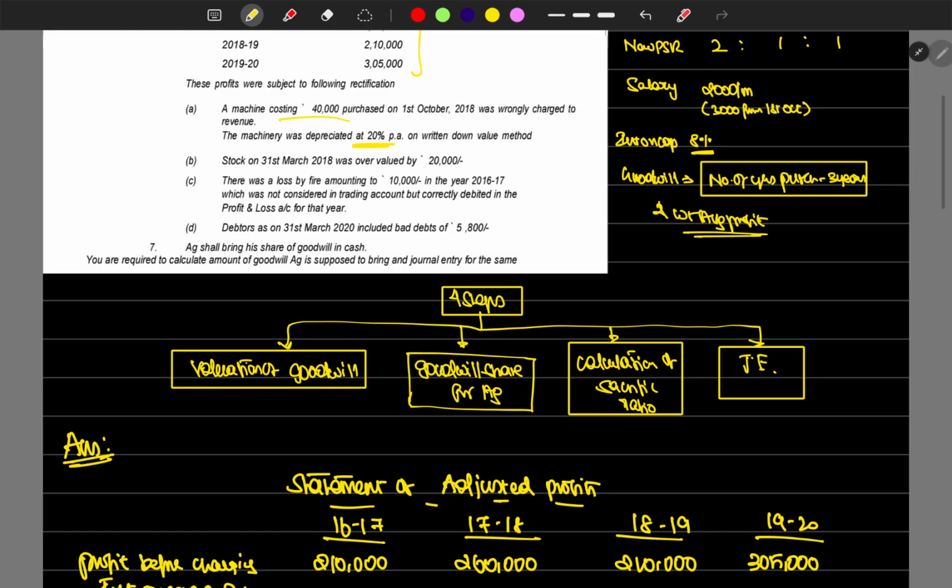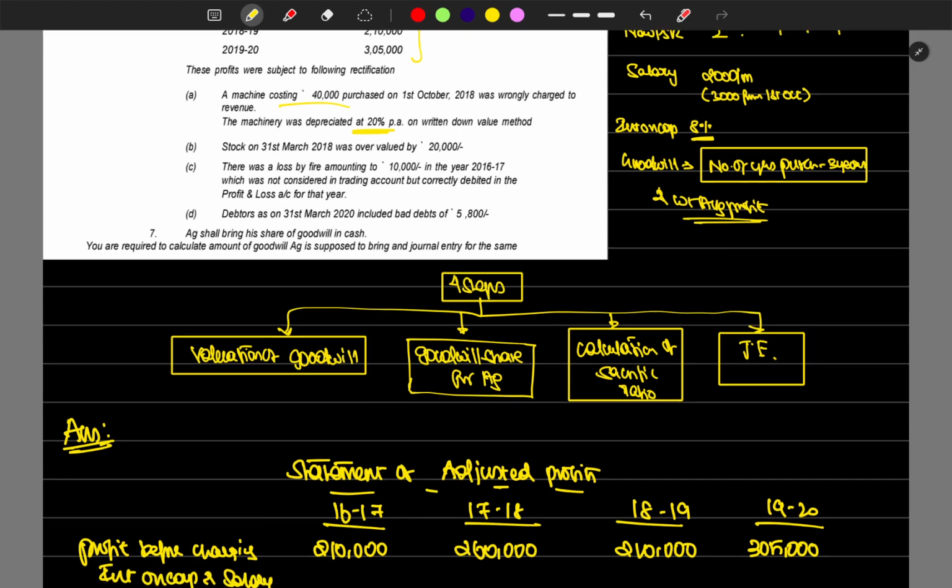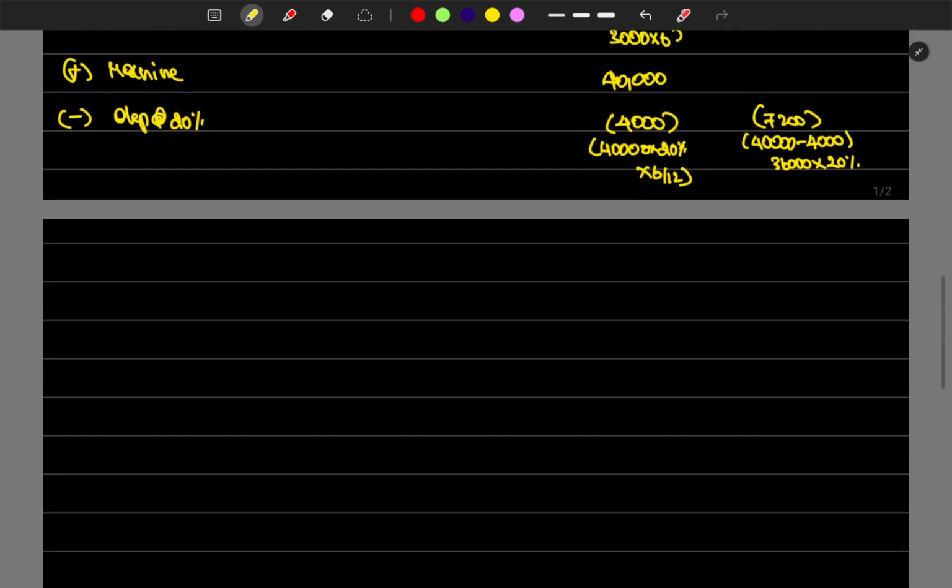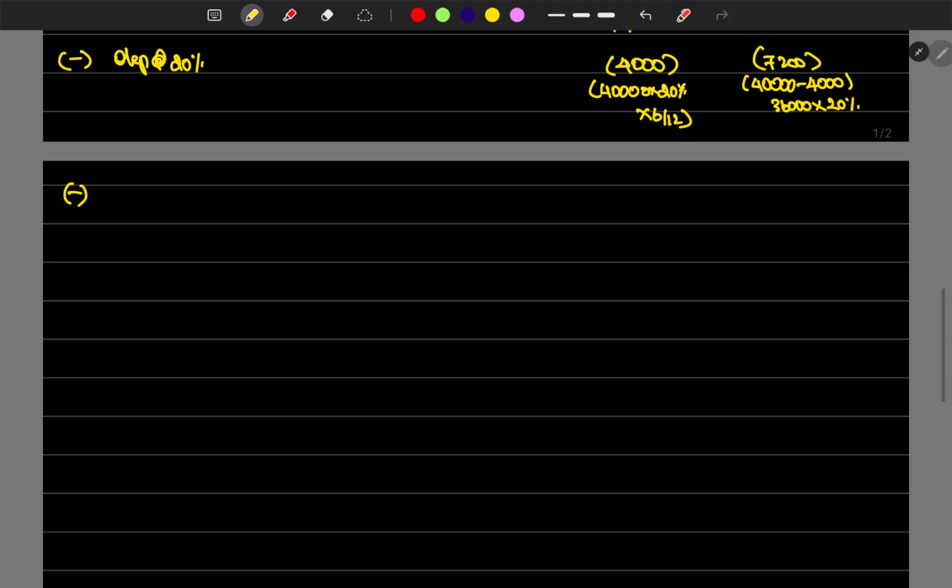What else do we have? Stock on 31st March was overvalued by 20,000. The closing stock was overvalued. So what happens if the closing stock is overvalued? Profit will increase by the same amount. If closing stock is reduced, profits will reduce by the same amount.